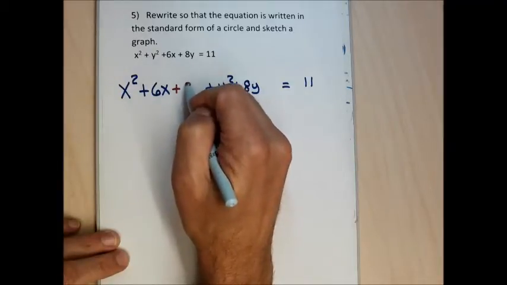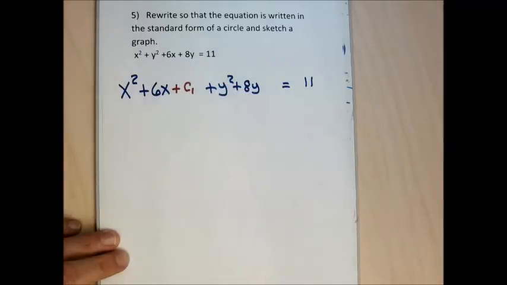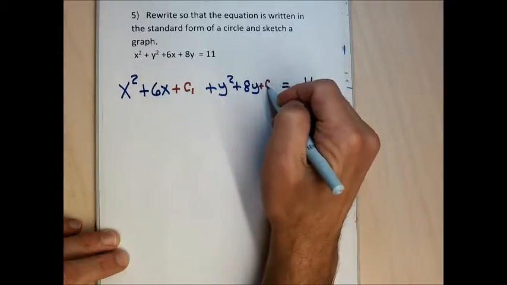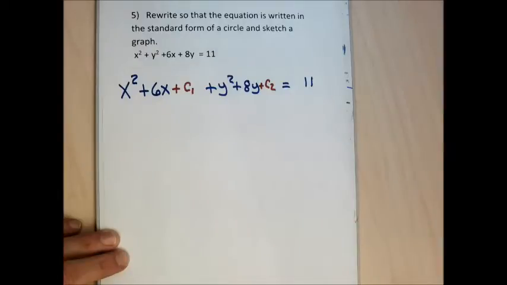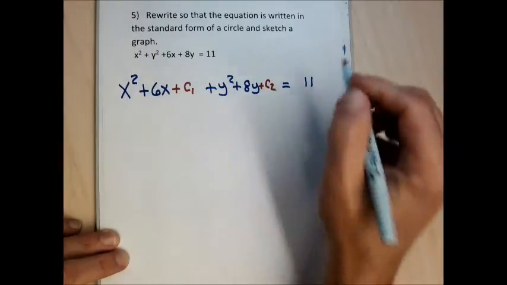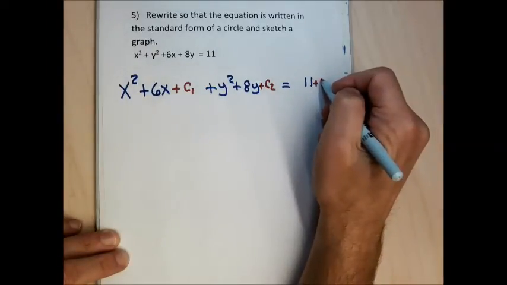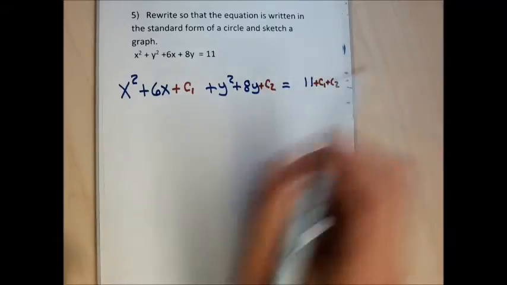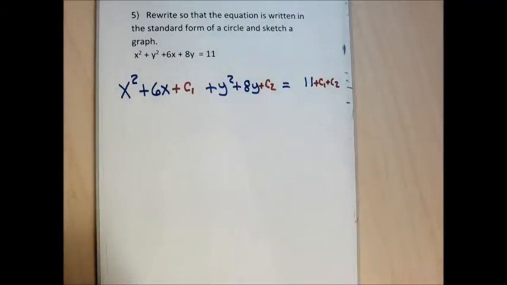I'll call this one the first number, constant 1, to the x's. And I need to add some number to the y's. I'll call that constant 2. And whatever number I add on the left-hand side to keep the equation balanced, I need to add on the right-hand side.